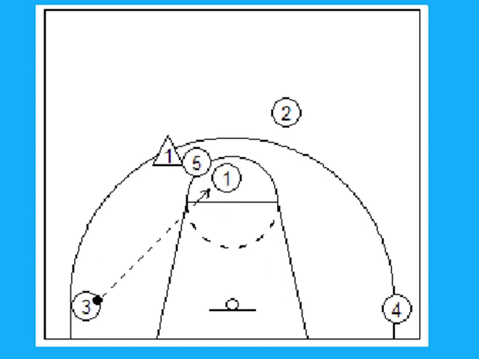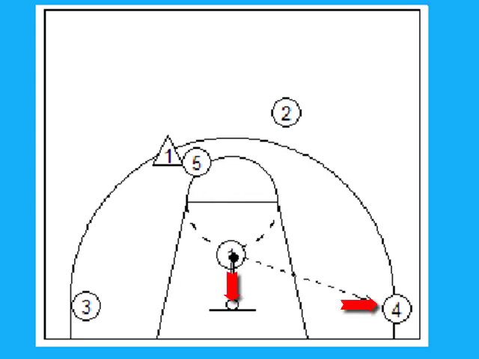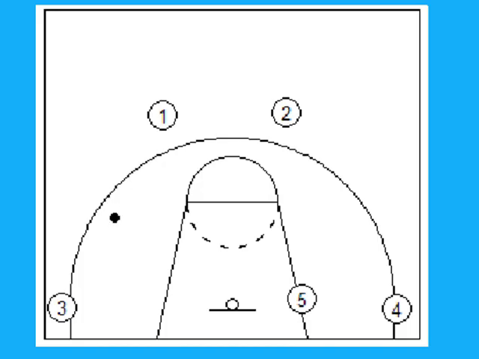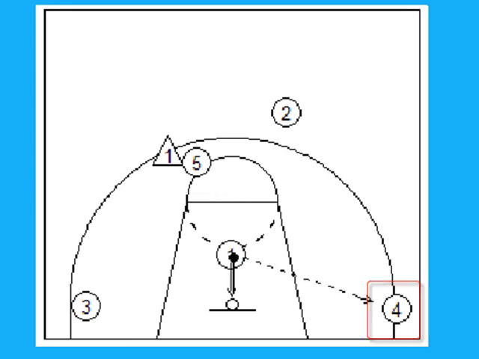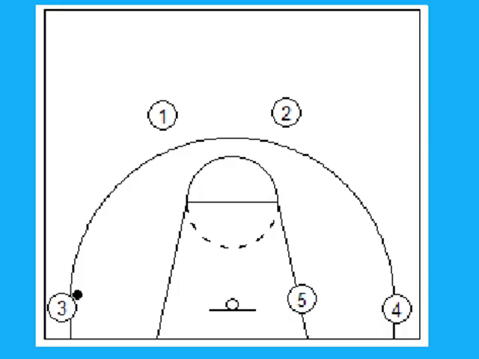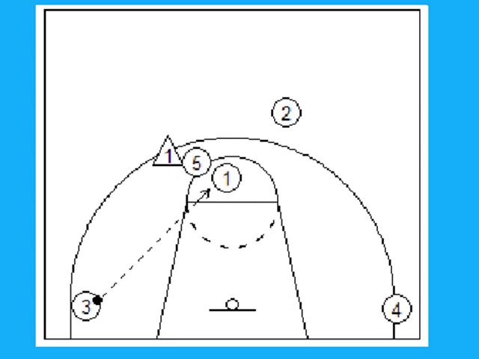When the ball is in number 1's hands at this point, he really only has 2 legitimate options. First one is the shot, second one is a swing pass to number 4 for the shot in the corner. Second key teaching point really here is that number 4 has to watch his defender. If his defender's head turns to look at number 1 as he's coming off of that screen, which it probably will, then number 4 is going to need to relocate further up that 3-point line or to a space where he can shoot.